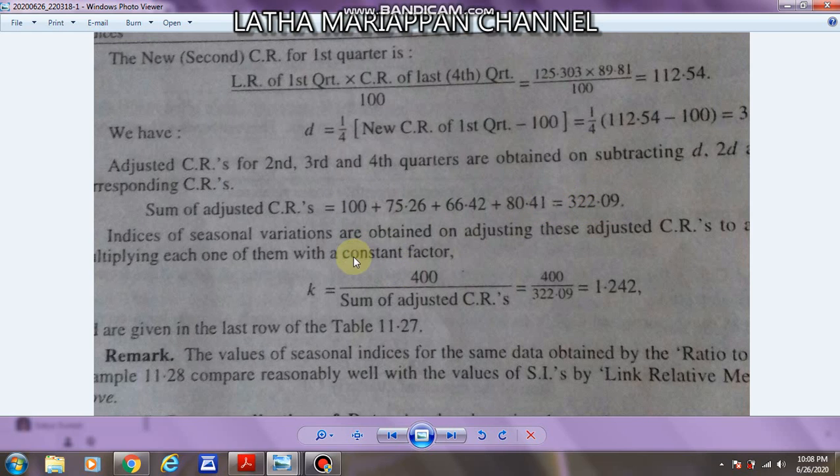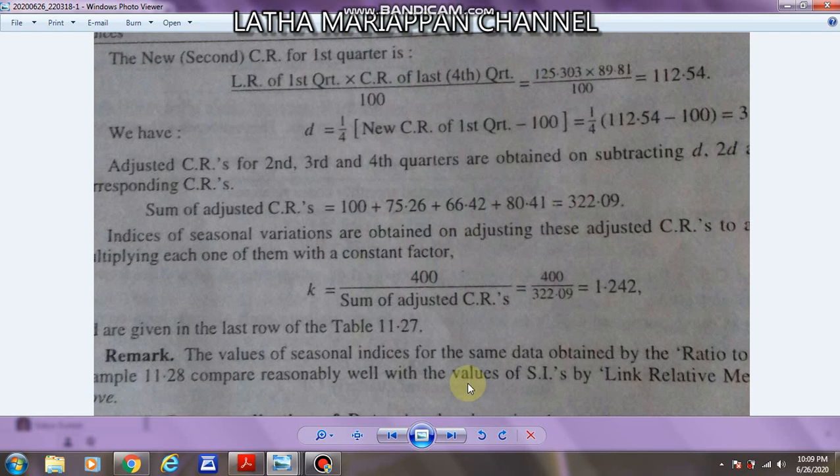Now we are going to find out the seasonal index. That is 400 divided by your sum of adjusted chain relatives, which we got as 322.09, so you will get 1.242. If you multiply with 100, you will get 124.2.